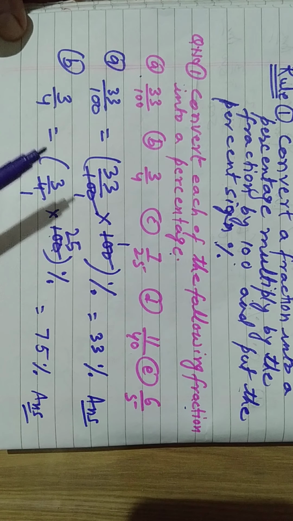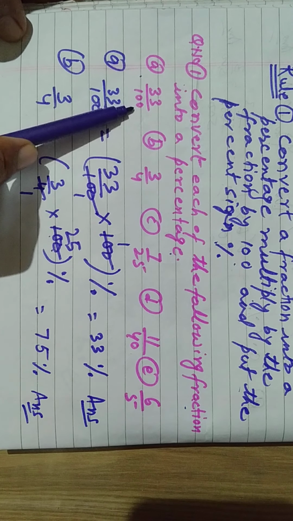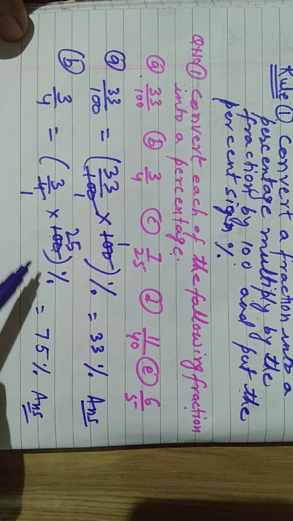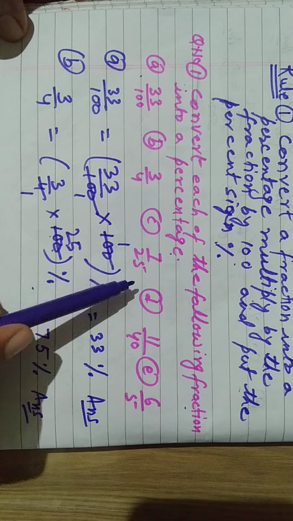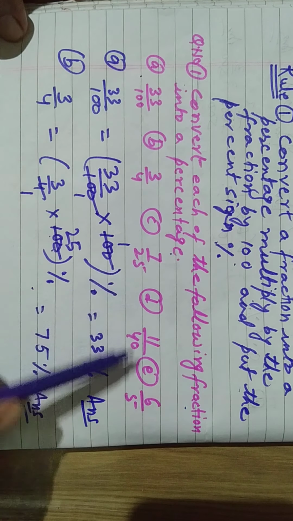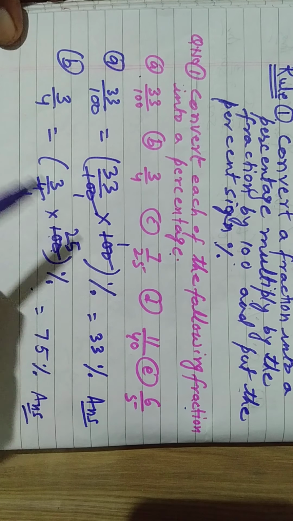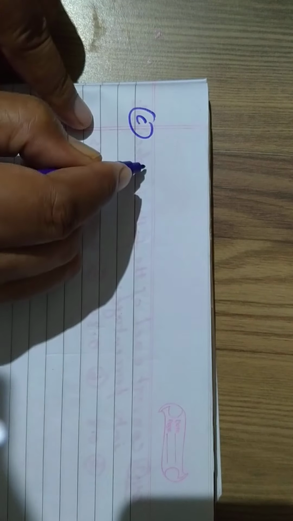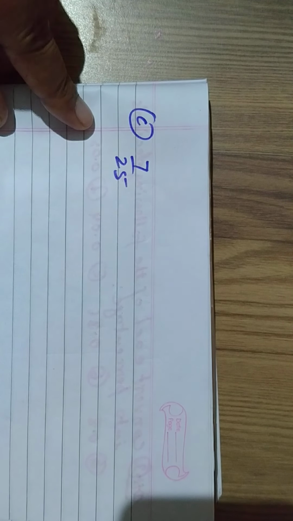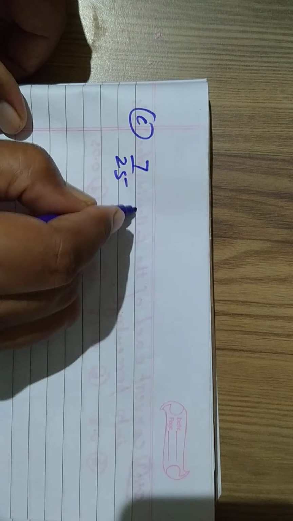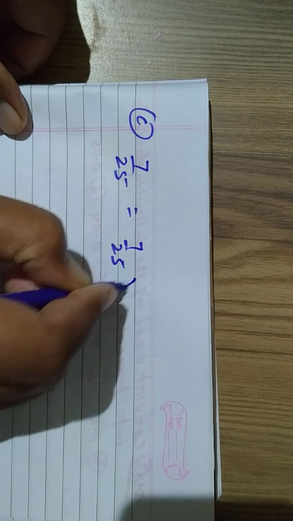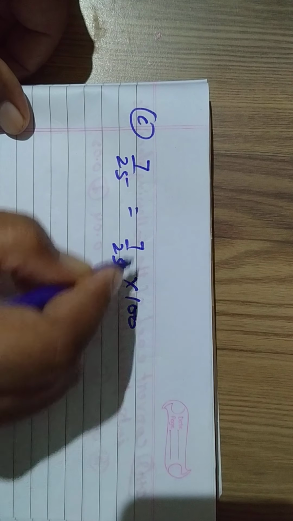So you can see, question number 1 and question number 2 I have solved. Same process you can do for the rest of the 3 sums. Question number C, same process. Again one question I am solving. C, 7 by 25 equal to 7 by 25 into 100.